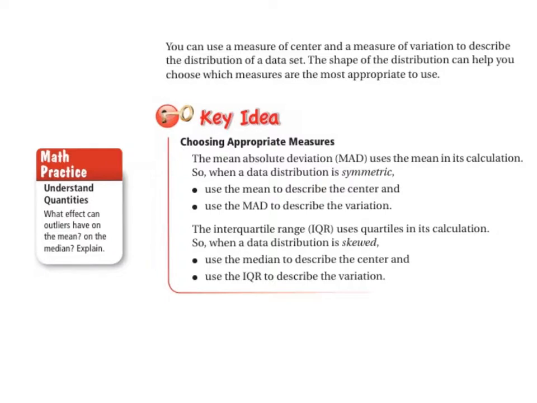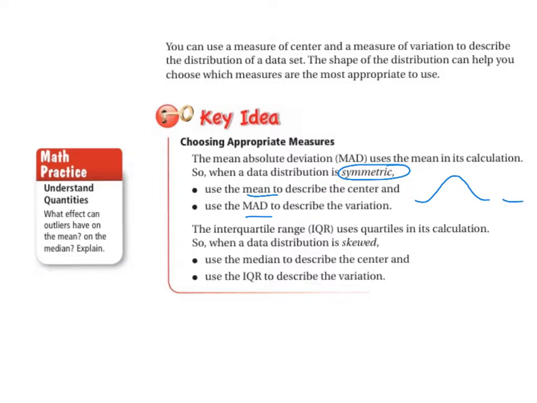So for that you need to think back to our last lesson and think about what the data looked like. If it looked like a bell curve or if it was flat, that means it was symmetric, then you want to use the mean to describe the center and the MAD to describe the variation.